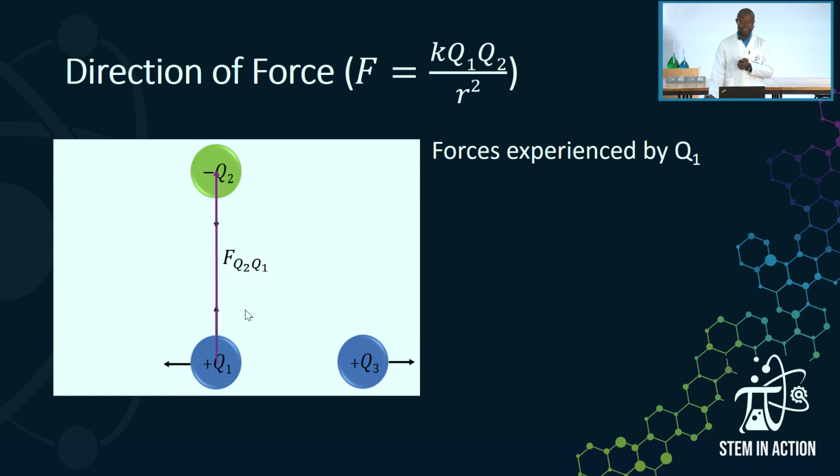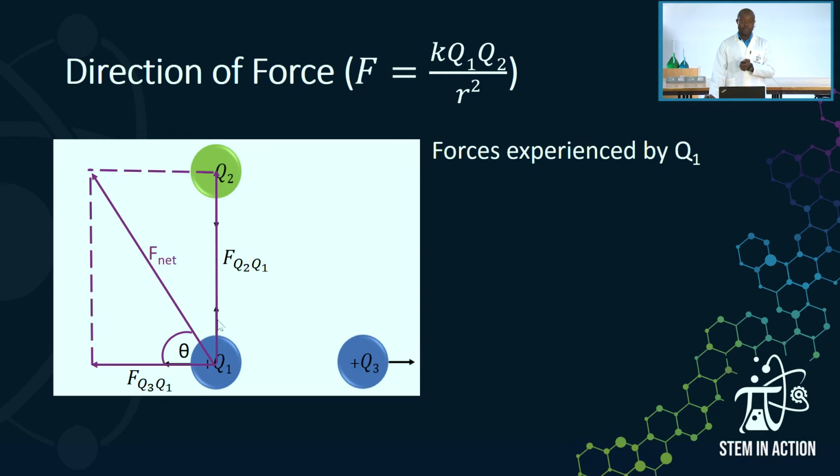So the first one is the force between Q1 and Q2, which, as we said, is going to be upwards. And the second one is the force between Q1 and Q3, which is going to be to the right.